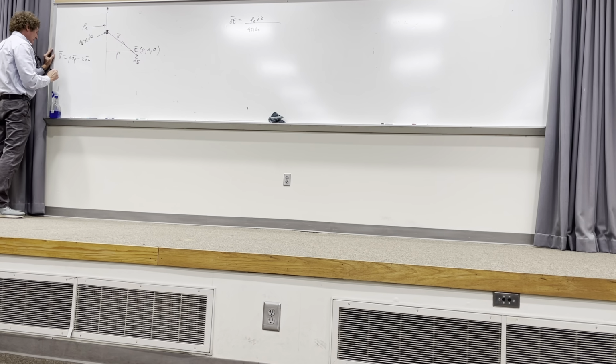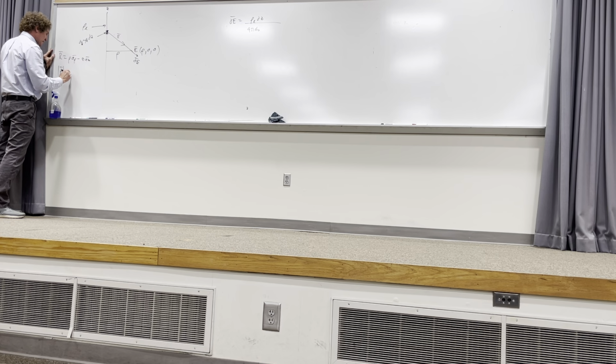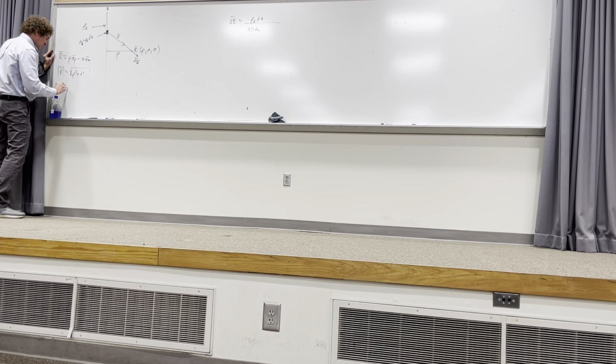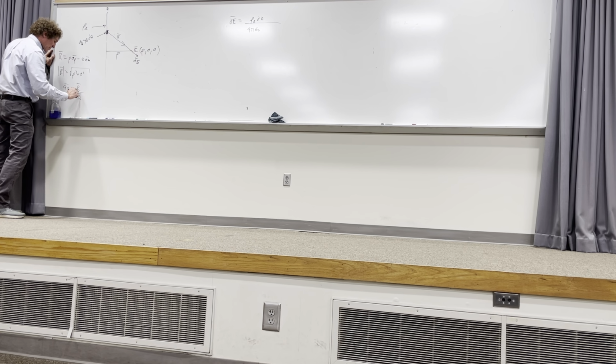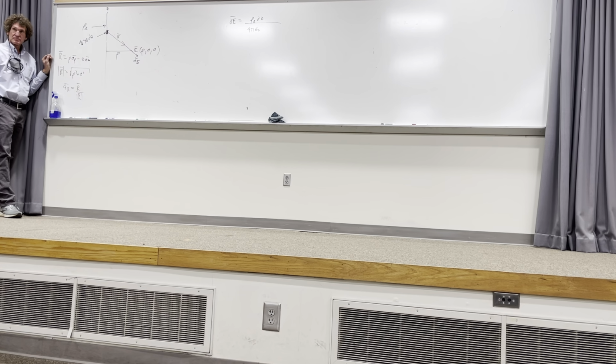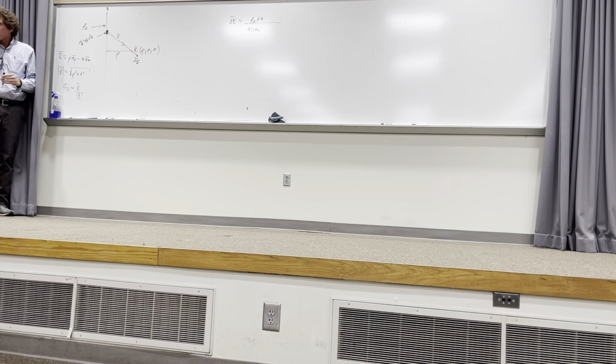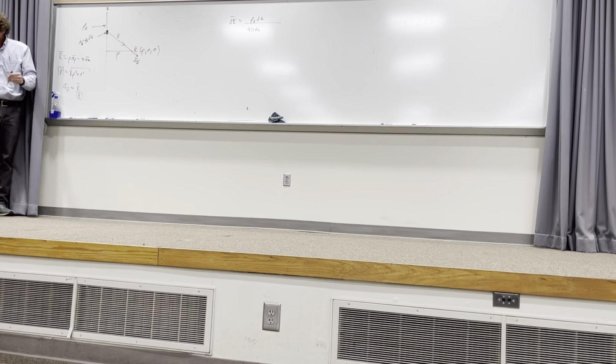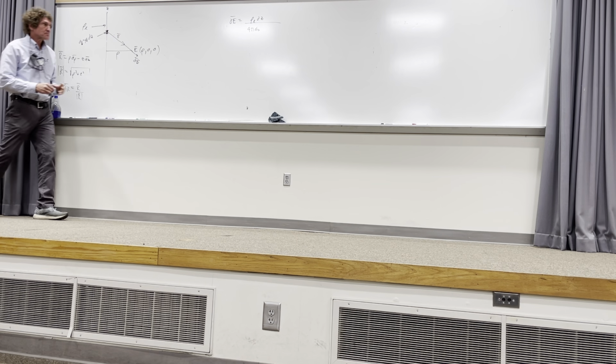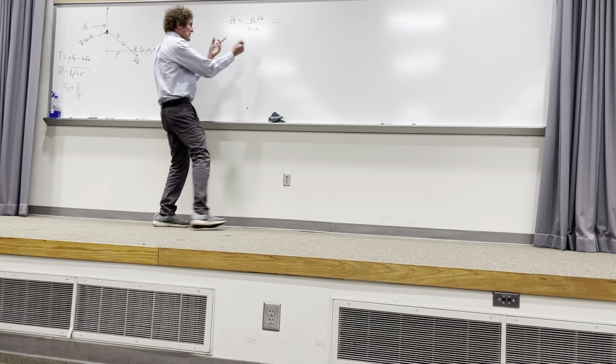Now we need the magnitude of r, which is simply the square root of rho squared plus z squared. And then we need the unit vector a R, which is r vector over magnitude of r. Agreed? Now I set up the integration. I've got to put the r in here.